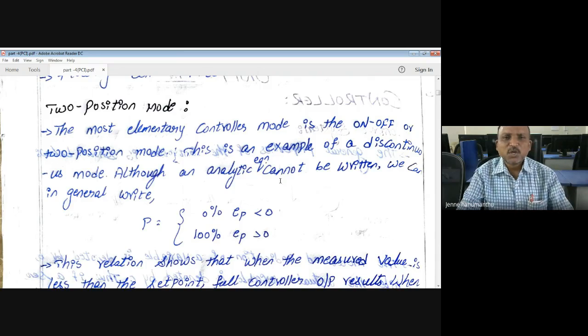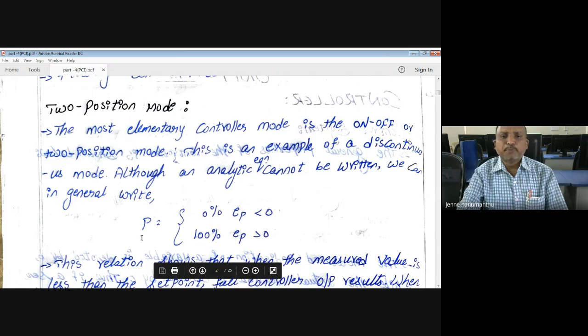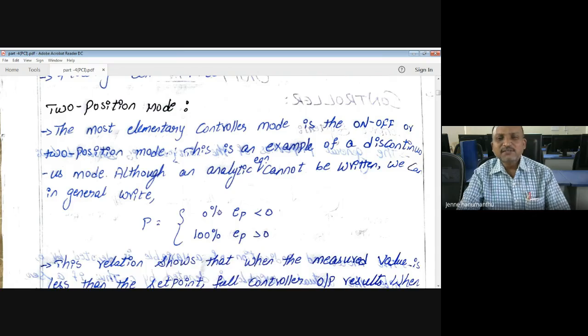What is two-position? Observe the equation. Control output P can be 0%, or control output P can be 100%. What is 0%? 0% means completely off. So your controller is completely off when the error is less than 0. When the error is less than 0, the output of the controller is 0%. No response.